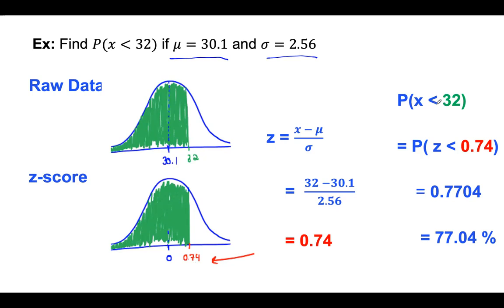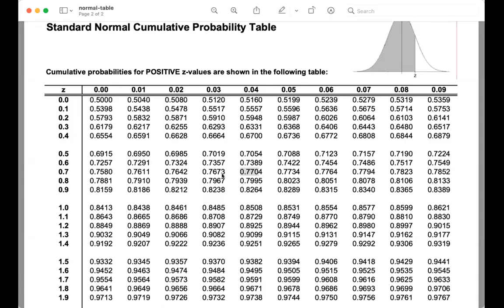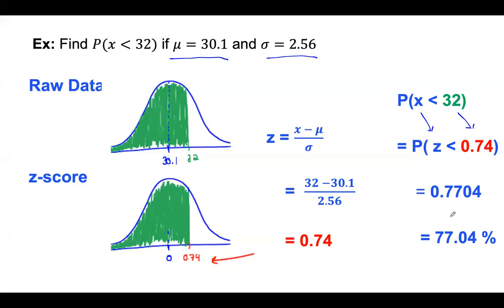So for the probability of X being less than 32, we translate it from X to a Z-score, and these values are now in Z. We calculate 0.74. So 0.7, and then the 4 is here. So 0.7704 is our value, and we get 77.04%. So for this data, this is the probability.